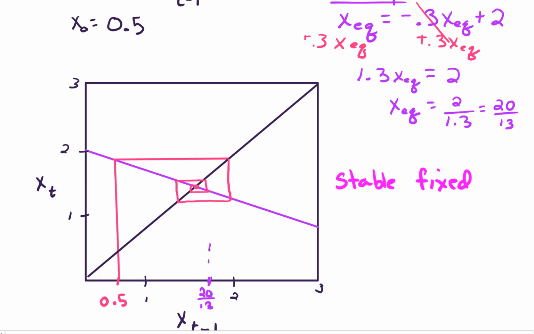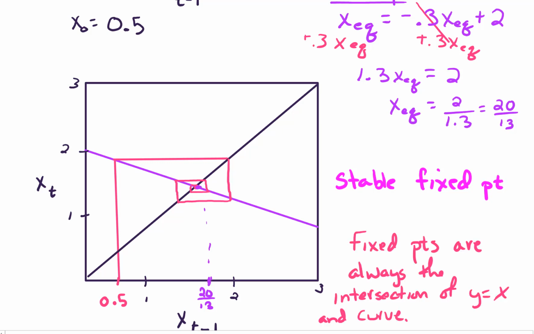Okay, so there's our fixed point right there, and the fixed points are always where the curve intersects y equals x. The fixed points are always the intersection of y equals x and your curve, which represents the recurrence relation.